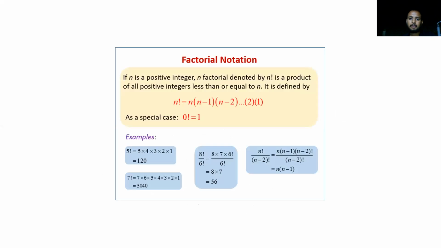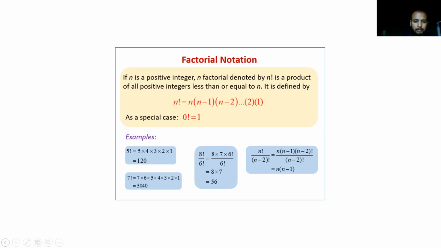You have heard about a very famous problem, the Fibonacci series. Here, Fibonacci of n is nothing but the product of n and the numbers previous to it, n minus 1, n minus 2, n minus 3, till 1.